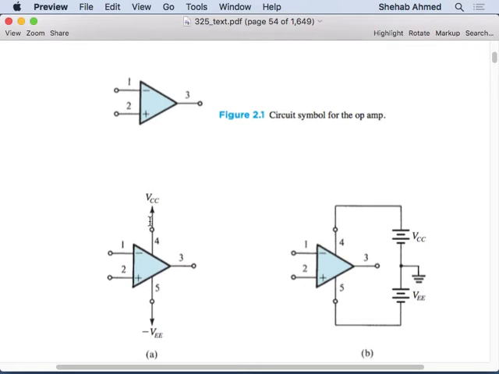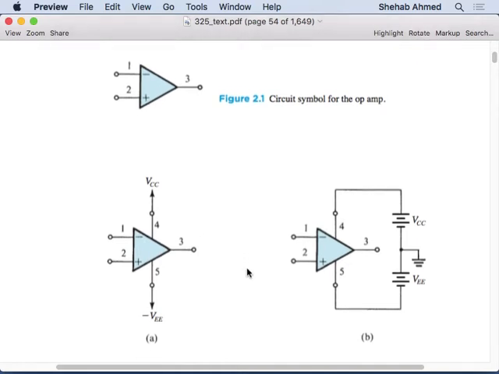The output of the op amp can only be between the supply rails. You cannot have the output be more negative than minus VEE or more positive than VCC, because it will saturate at levels close to these quantities.